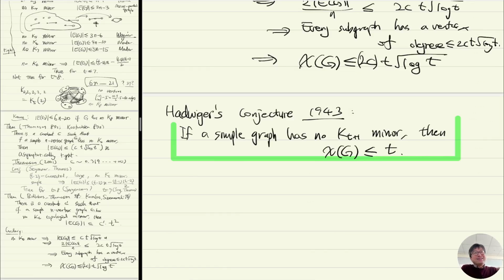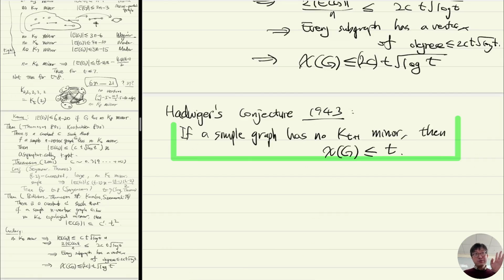That's Hadwiger's conjecture. So if you don't have a K_2 minor, then you have no edges, so the chromatic number is 1. If you don't have a K_3 minor, then you have no cycles, and then the chromatic number is at most 2 because it's a forest. If you don't have a K_4 minor, then it's a series-parallel graph.